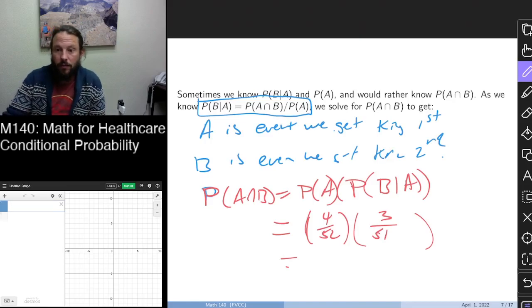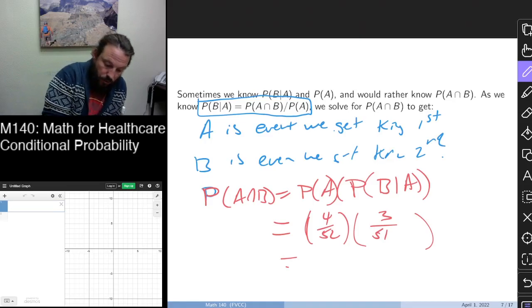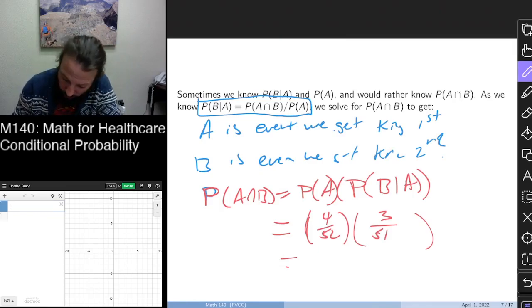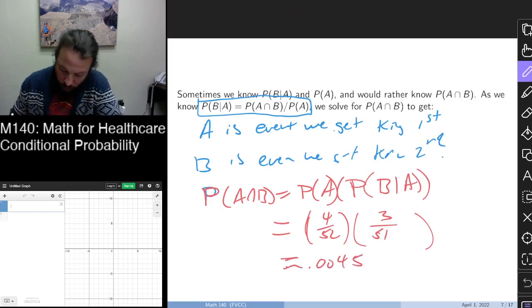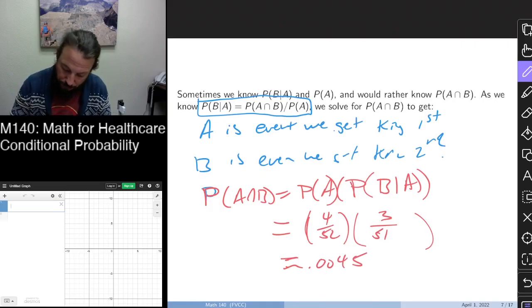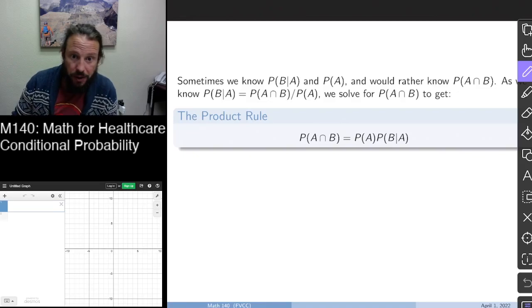And that gives me, let's see, 4 times 3 over 52 times 51, 0.0045-ish. And that's called the product rule. And that's how we use that. And here it is in all its glory.